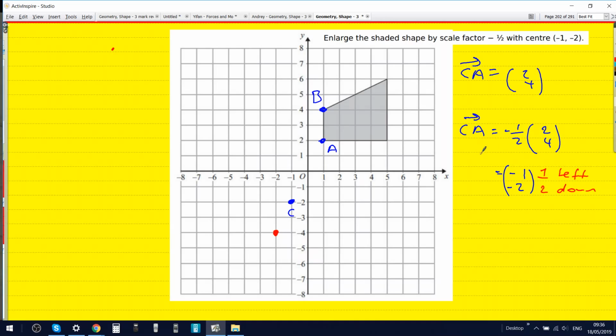So from C to B, yeah, and that's 2 to 6. Okay. And then times minus a half is -1, -3. Okay.